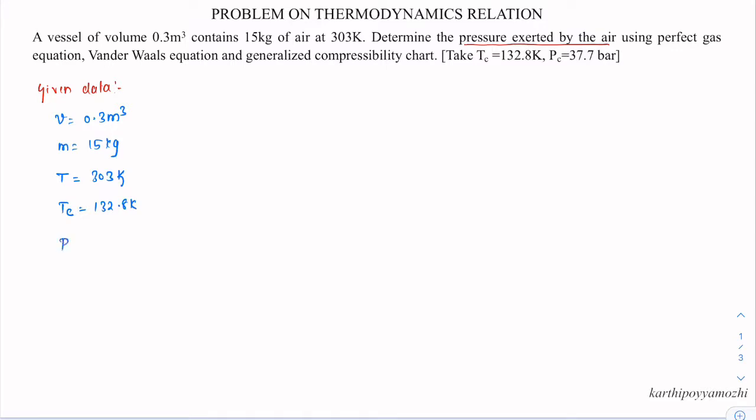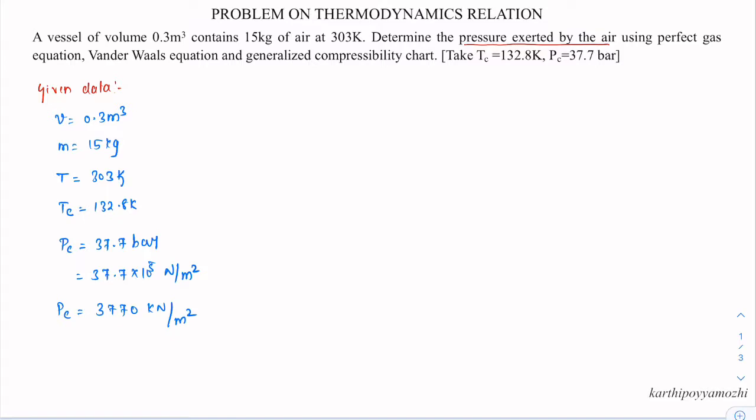Critical pressure is given as 37.7 bar, which is equal to 37.7 into 10 to the power of 5 Newton per meter square. Therefore, the critical pressure can be written as 3770 kilonewton per meter square.